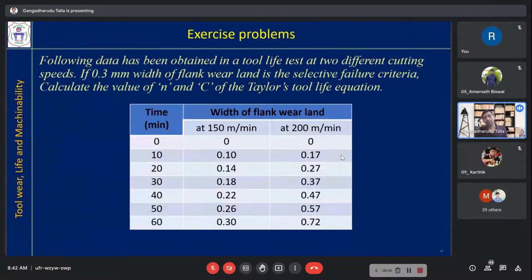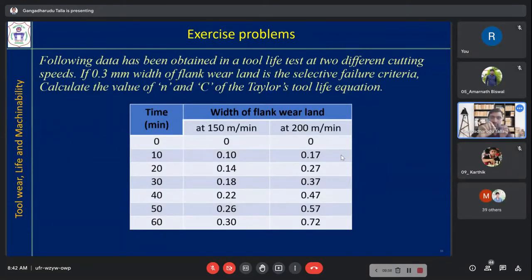Now how will you proceed? You are given the time and speeds are given. Let us say 150 meter per minute is given.